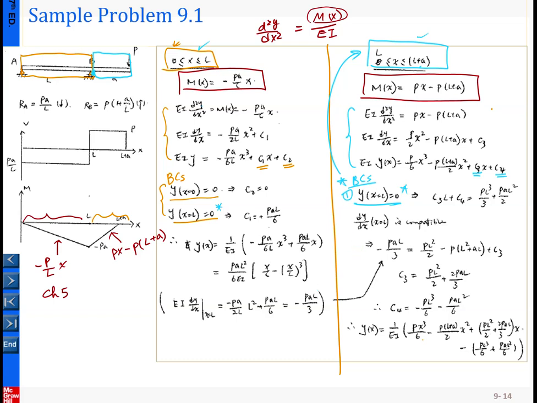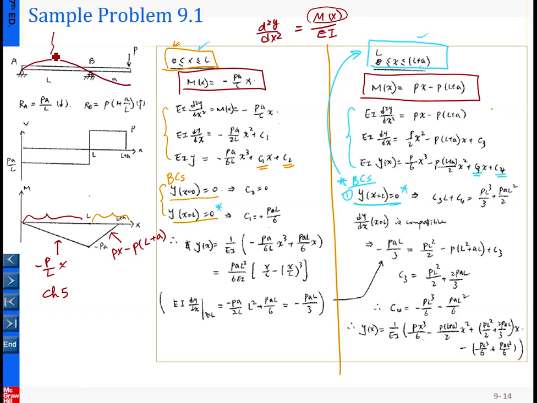How can we determine the one more equation? Let me erase the information to demonstrate the concept here. For this case, the beam will be deformed, something like this.